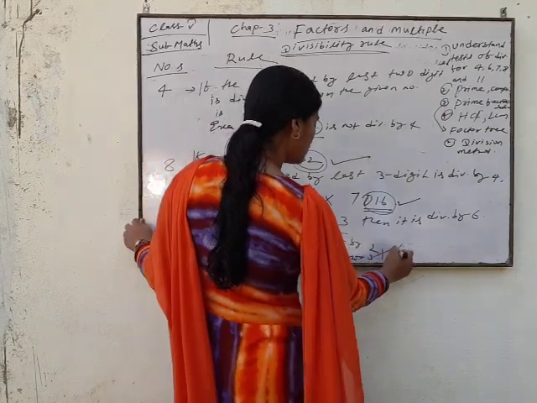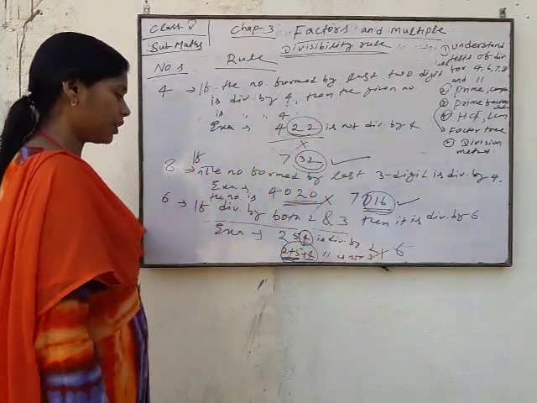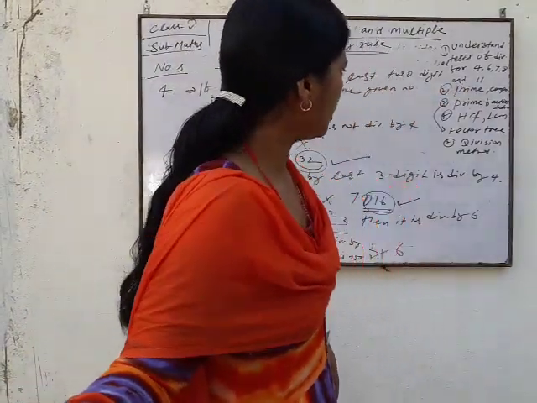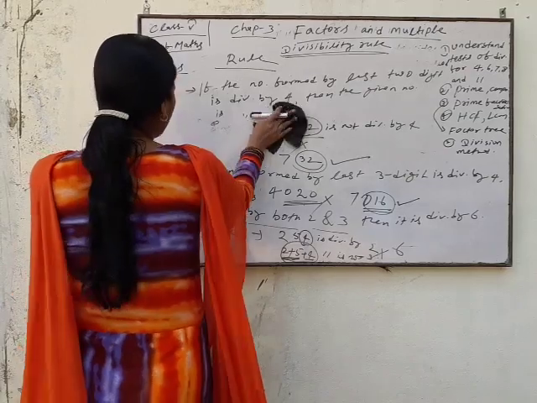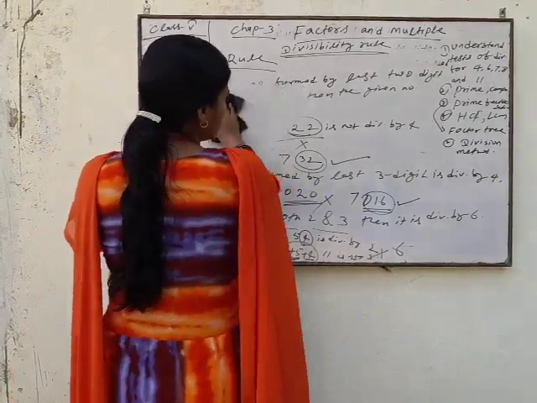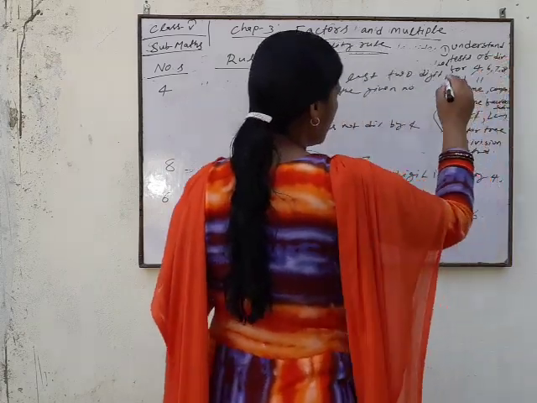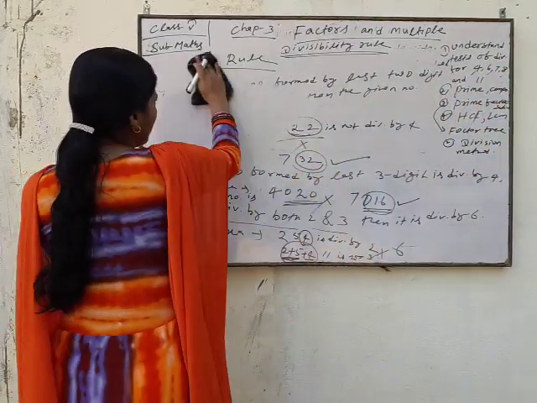So this is not divisible by 6. Okay, so now divisibility of 4, 6, 8 is complete, only 7 and 11 left.